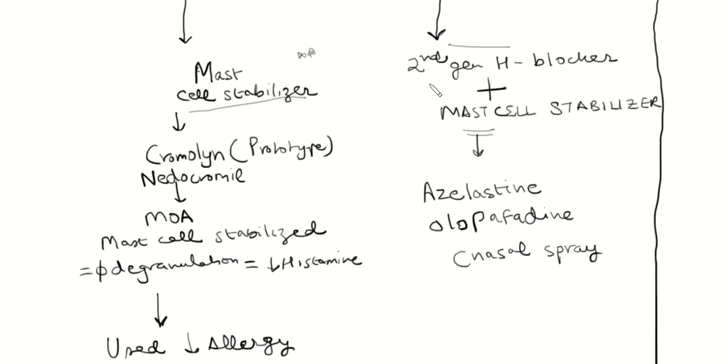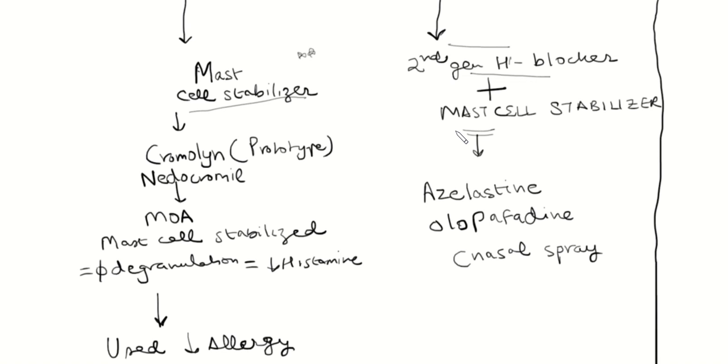Well, what if I have drugs that combine the blocking of the H1 receptor and that also have a mast cell stabilizer in there? Well, these would be amazing because not only would you stabilize the mast cell with one drug and prevent them from degranulating, if there are a few mast cells that do degranulate and they try to stimulate the H1 receptor, they'll not be able to. So we are synergizing here.